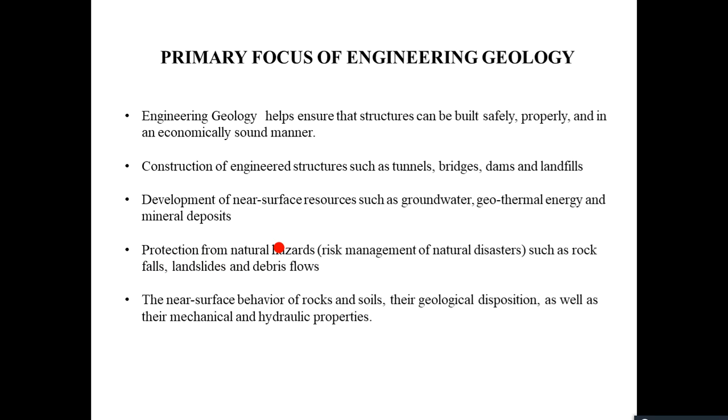If not, we will discuss all this, how landslides and other natural hazards can be mitigated, that is, how we can protect ourselves from various hazards caused due to engineering constructions. Okay. And then near surface behavior of rocks and soils, their geological disposition and their mechanical and hydraulic properties.